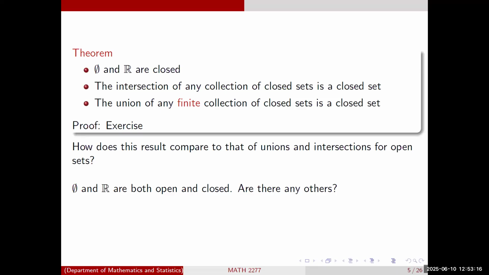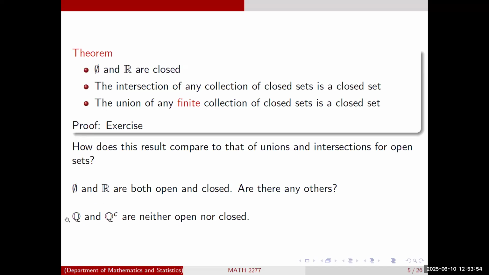If I ask you to give an example of a set in the real numbers that is both open and closed, you only have one of two choices to give me. You could either give me the empty set or the real numbers. If you try to think hard about any other third set that is both open and closed, you'll run out of time in the exam because there are no other sets that are both open and closed. Only these two, with the topology you all know.